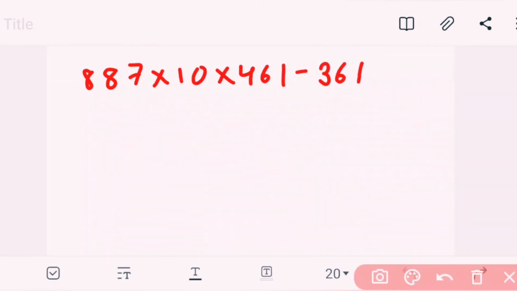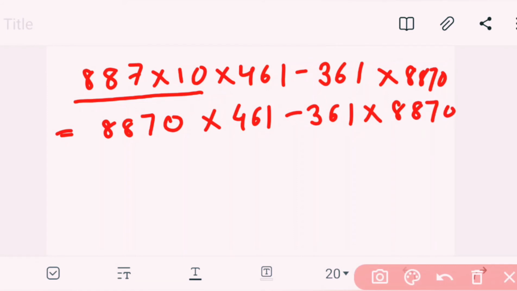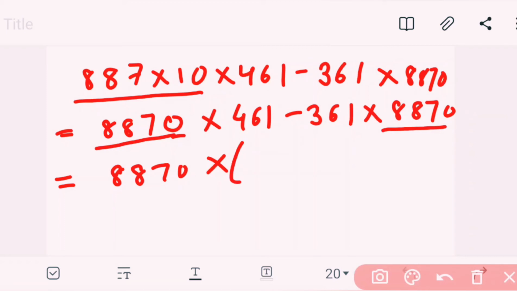Now we will solve the other side. Other side, 887 into 10 into 461 minus 361 into 8870. Now we first solve this: 887 into 10, 8870, into 461 minus 361 into 8870. Now we take common 887 into 461 minus 361.